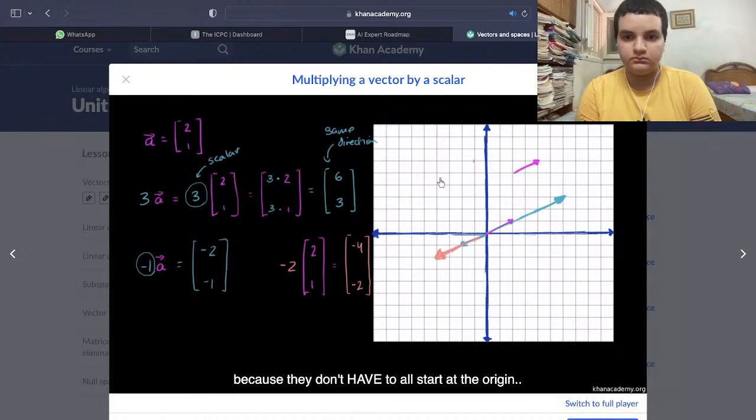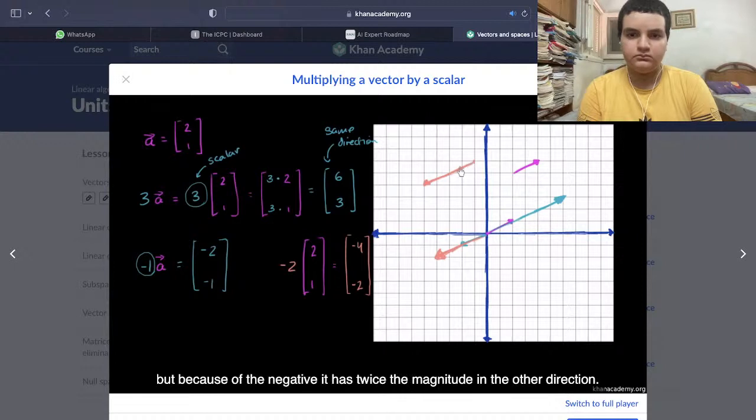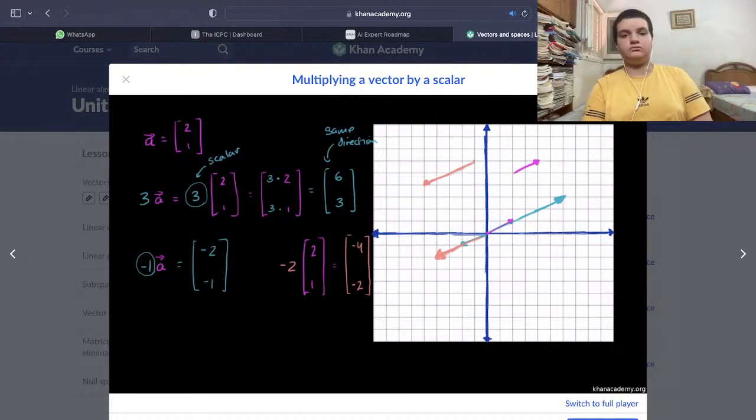So what's the difference between A and -2 times A? Well, the negative flipped it over, and then the 2 doubled it, so now it has twice the magnitude, but because of the negative, it has twice the magnitude in the other direction.